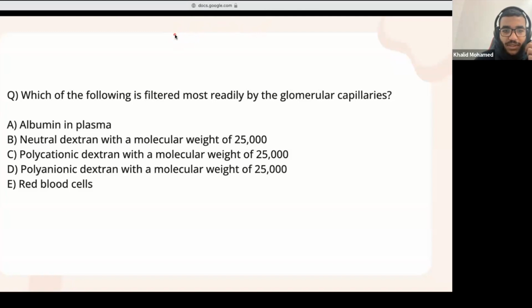We have a D and an E. Any other answers?